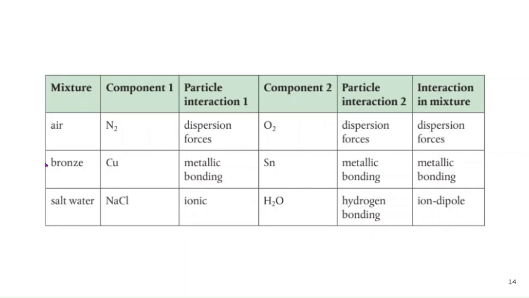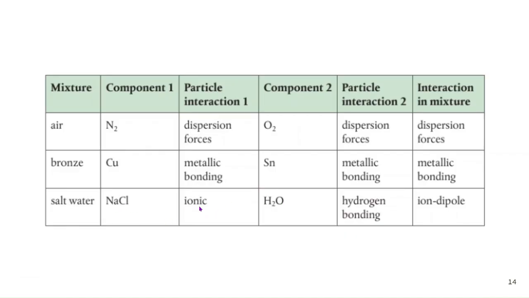Another mixture is bronze, which you might think of as like a metal. It is a mixture of metals, which has copper and tin in it, and they both have metallic bonding going on, and when they're in a mixture together, they also have some metallic bonding interactions. And then there's salt water, which is a mixture of salt, NaCl, and water, right?